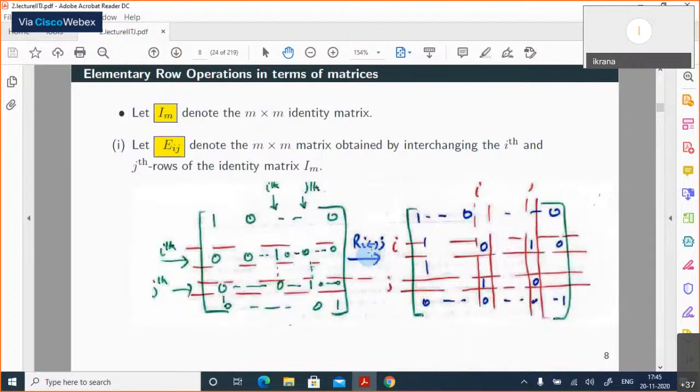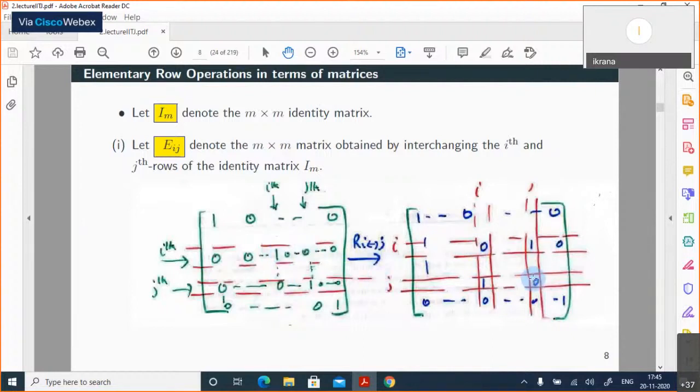On that, Ri operated with Rj, so this 0 will go up and this 1 will come down, and this 1 will go up and that 0 will come down. So in this place will be 0, in this place 1, in this place 1, and in that place 0.